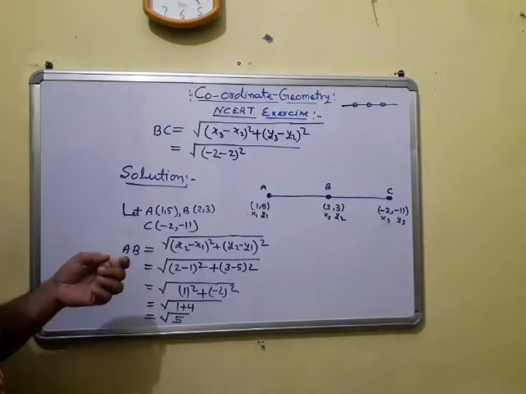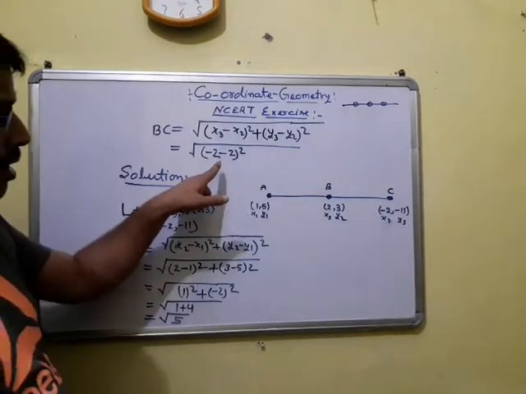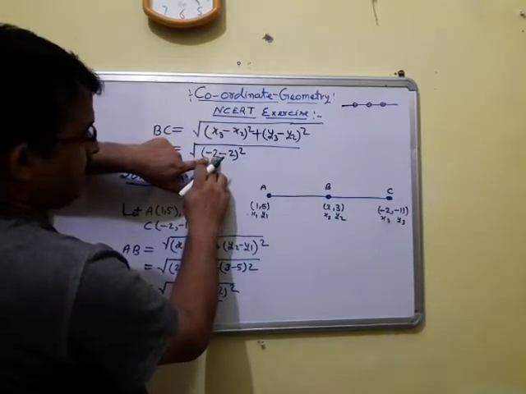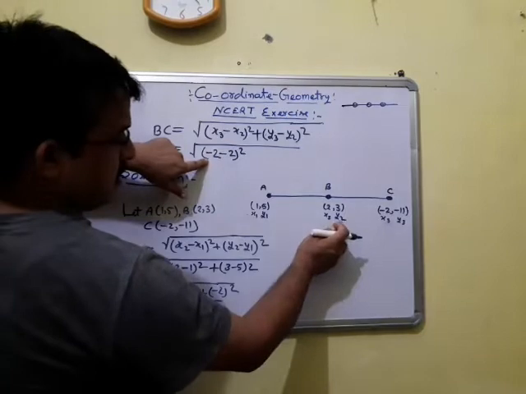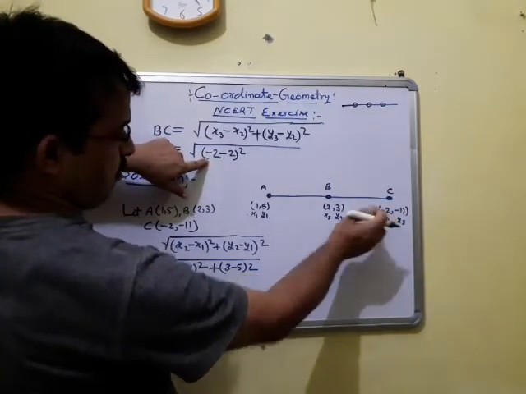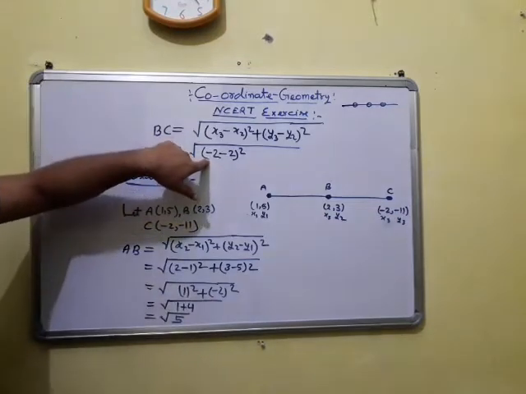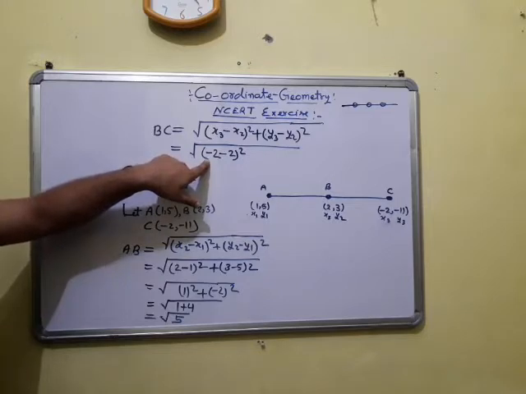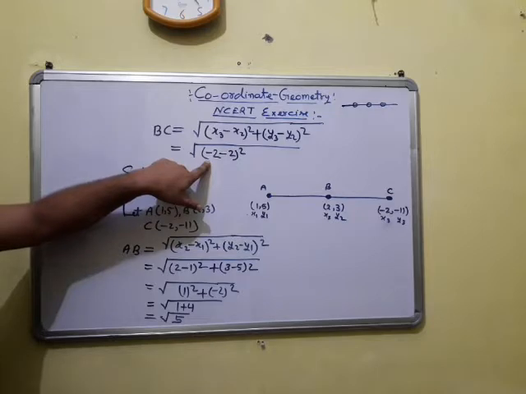Minus 2 whole square. For x3 and x2, this one is x2, so minus 2 here is given as minus 2.